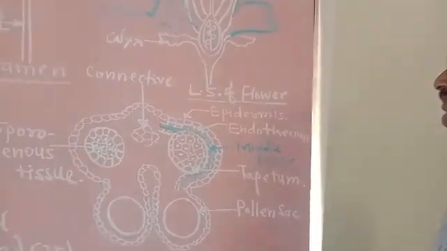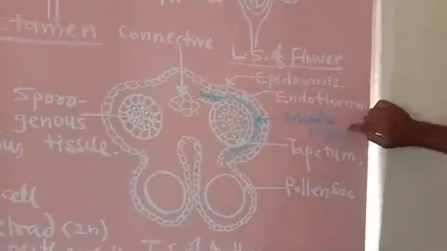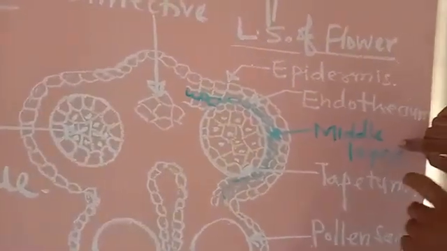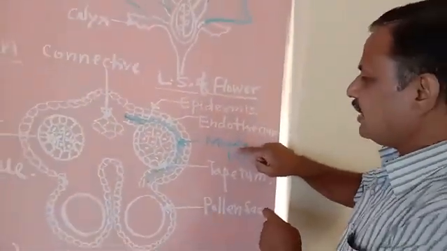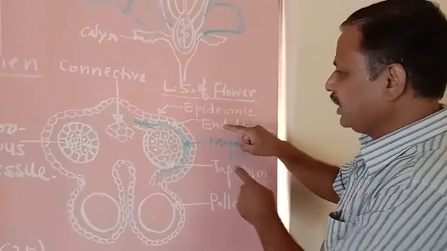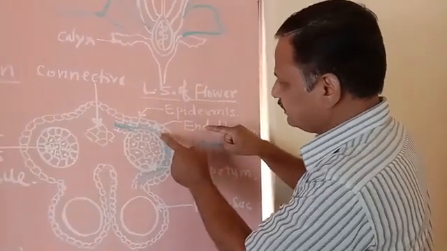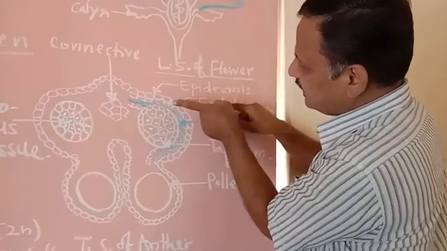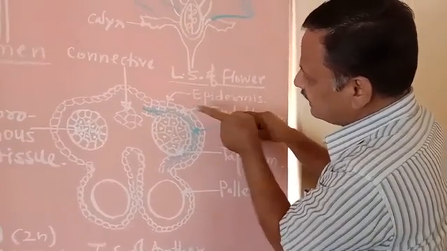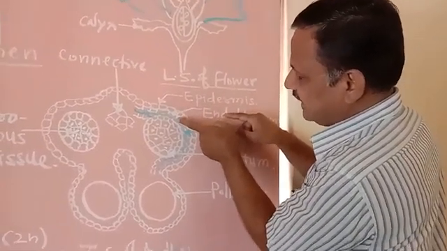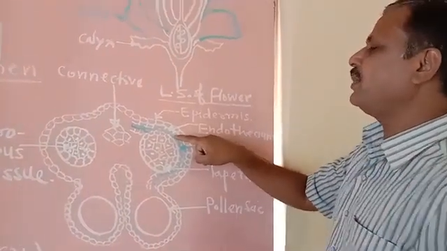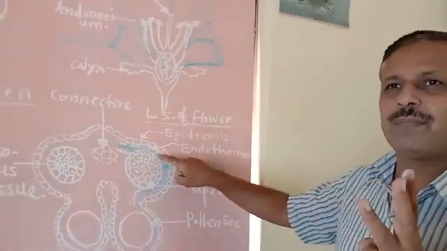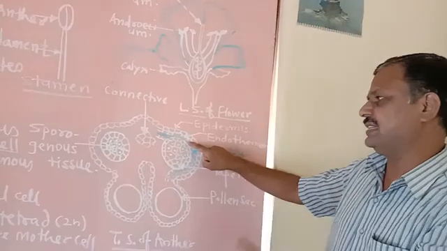Next layer is the middle layer. Middle layer lies below the endothecium. This is epidermis, then endothecium, next the middle layer which is made up of 2 to 3 layers of thin-walled cells.